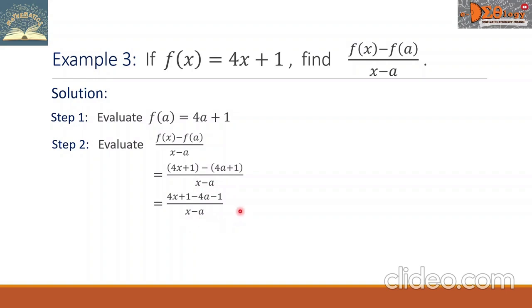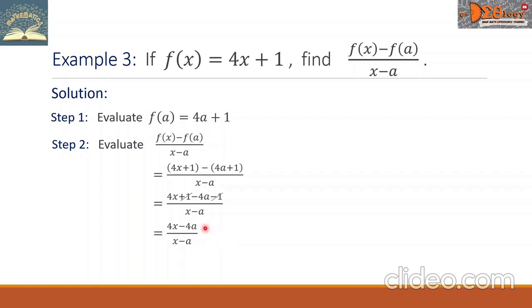Let's combine like terms. Look at the plus 1 here, and there is a negative 1. So that means we can cancel it out. It becomes 0. Then we collect the remaining terms. These are the 4x minus 4a, all over the denominator x minus a. Notice that in our numerator, there is a common factor, and that is the value 4.